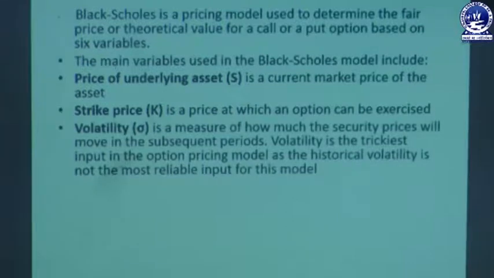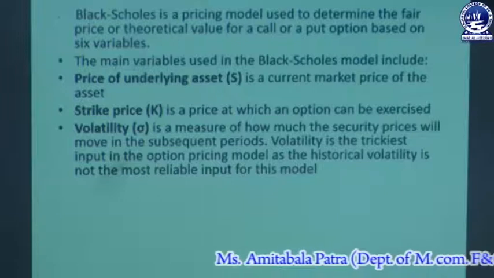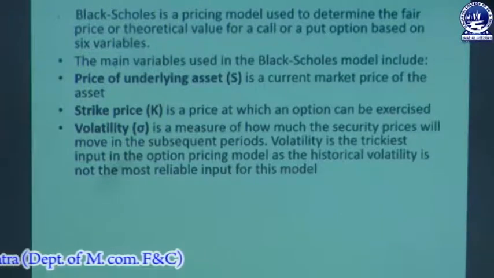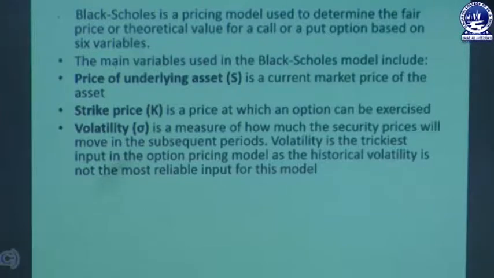Next is the volatility. It is the measure of how much the security price will move in the subsequent periods. Volatility is the trickiest input in the option pricing model, as historical volatility is not the most reliable input for this model.